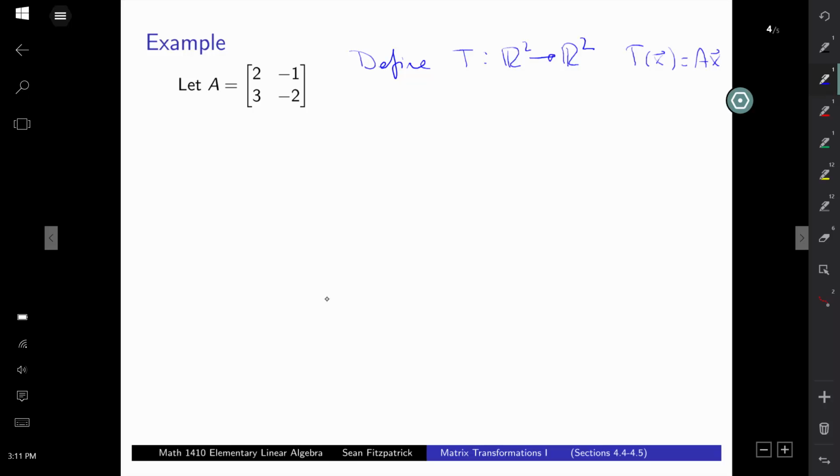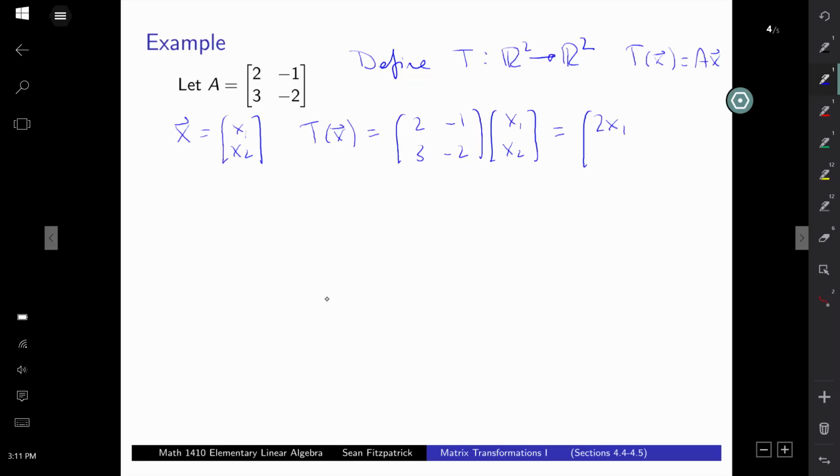Let x equal x1, x2. What does T of x look like? T of x looks like the matrix 2, 3, minus 1, minus 2 times x1, x2. And we can write that as 2x1 minus x2, and then 3x1 minus 2x2.